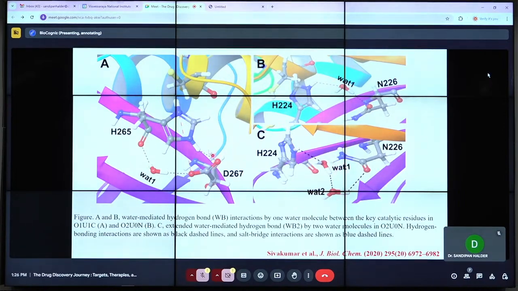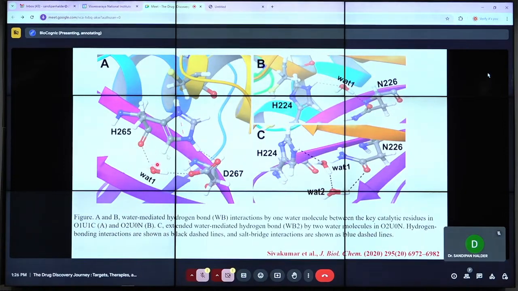So usually in docking studies or in X-ray crystallography experimental crystal structures also, we generally keep the water molecule which plays an important role in the binding interactions. But we won't consider the interactions which stabilize the active site conformer.